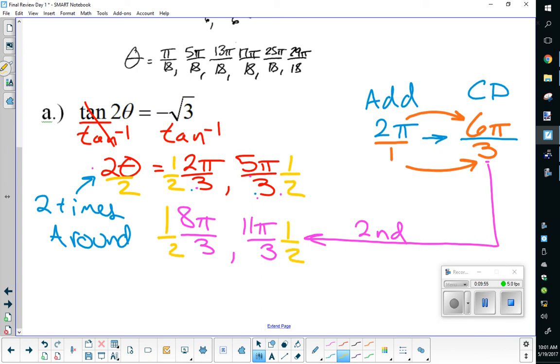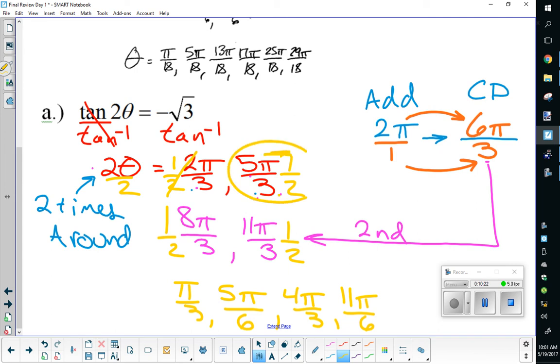So my final answer is I could reduce this 2 pi over 6, or I'm just going to say pi over 3. 5 pi over 6. 8 and 2, I could reduce that to get 4 pi over 3. And 11 pi over 6. I can't reduce that one. Yep. 5 pi over 6, because it's 5 pi on top and 3 times 2 on bottom. There's my answer.